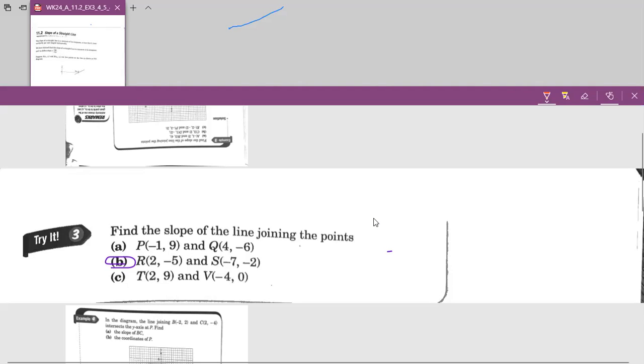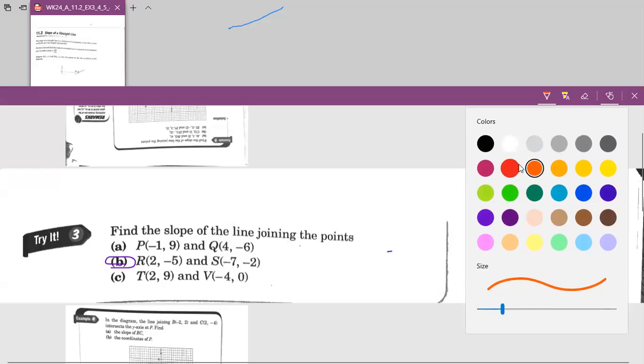We have someone who already typed some answer on the group chat. So let's do it together here.